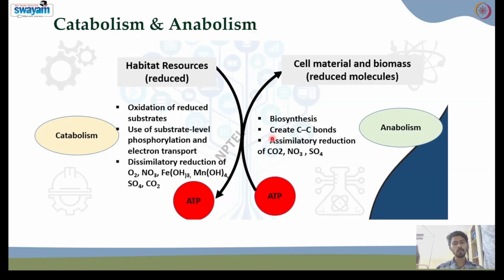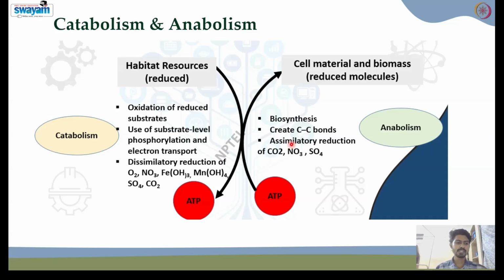Whereas anabolism is quite the opposite of catabolism. The ATP will be used in order to generate new cell materials or biomass. So here biosynthesis of new cells occurs by creating strong C-C bonds, and assimilatory reduction of CO2, NO3 or SO4 occurs.